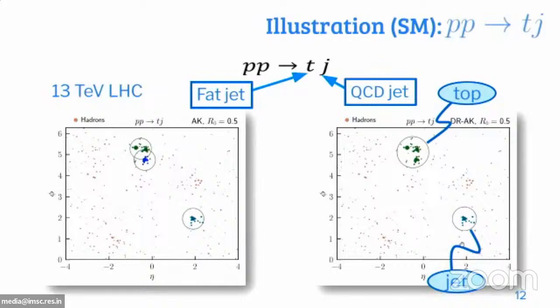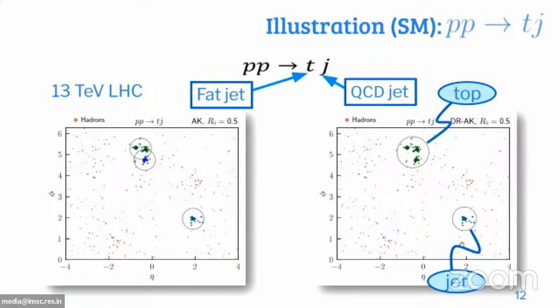Let me illustrate one particular event. Basically, the event here is in the eta and phi plane, where these dots are the hadrons, and the sizes of the dots represent the energy or pT of those hadrons. Now from the simulation, what we can see is that these three big dot collections are basically the three prongs of the top quark, and this is the quark or the gluon.